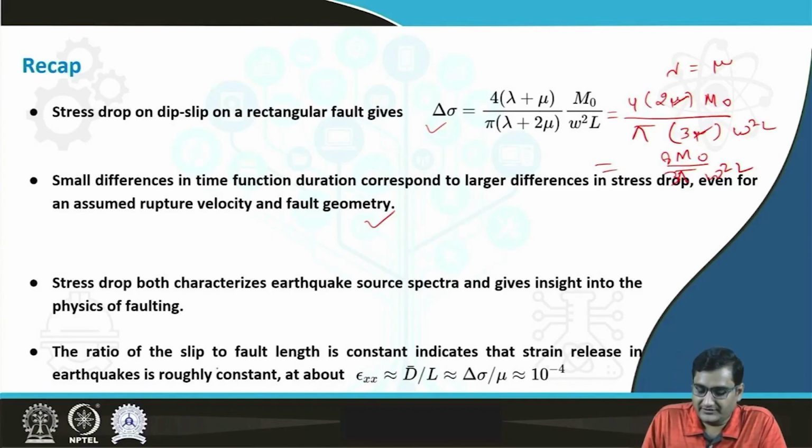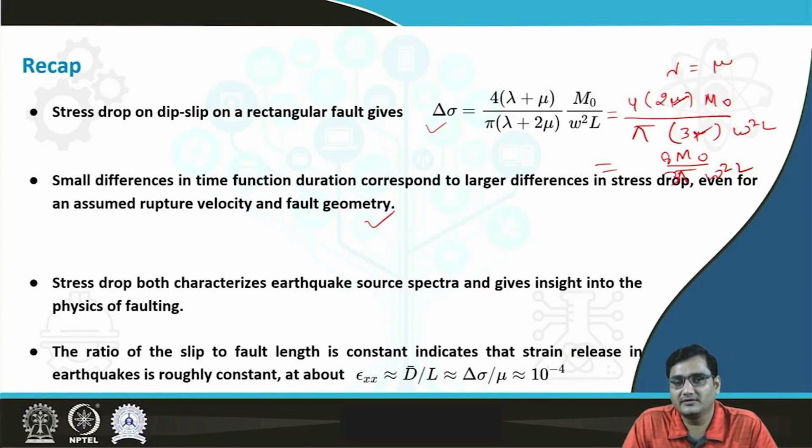The ratio of slip to fault length being constant indicates that the strain released in earthquakes is roughly constant. The strain in the normal x direction is equal to D by L, which is further equal to delta sigma by mu, and is of the order of 10 to the power minus 4.